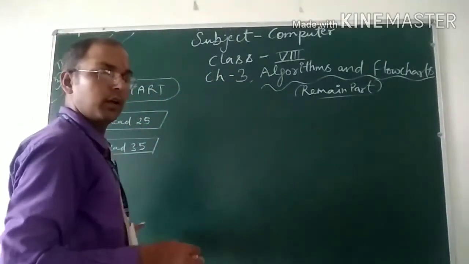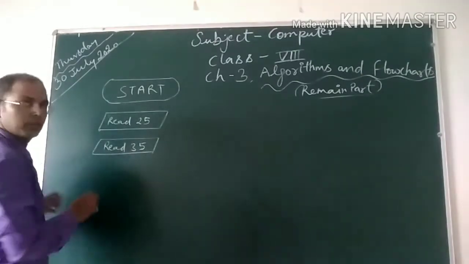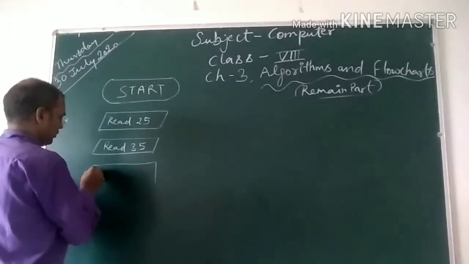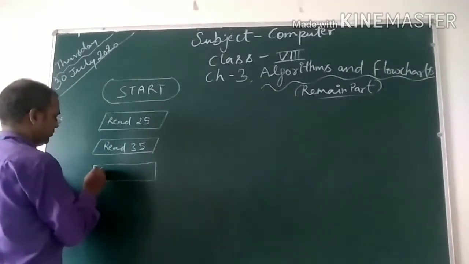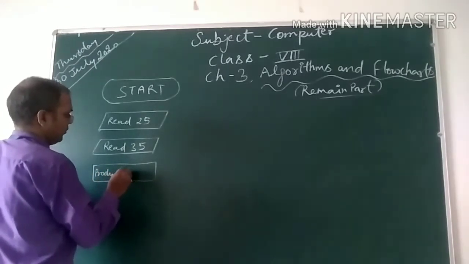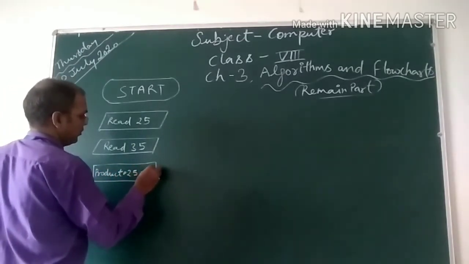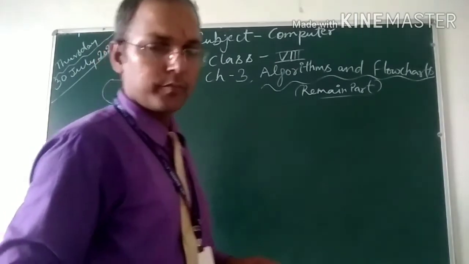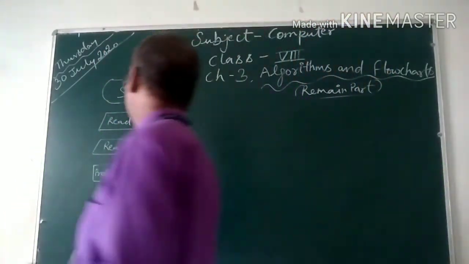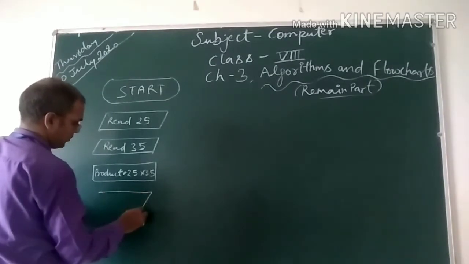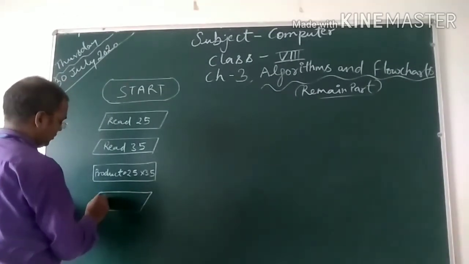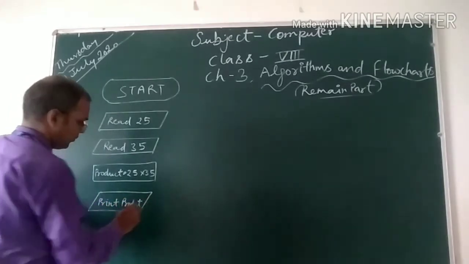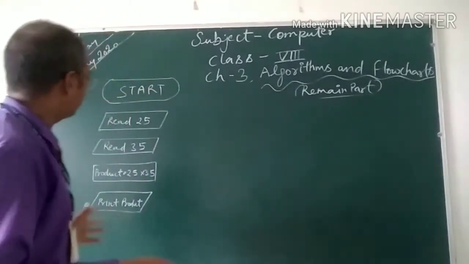Next, product of 25 and 35. Product is a rectangle: 25 into 35. And next, print product, and last, stop.